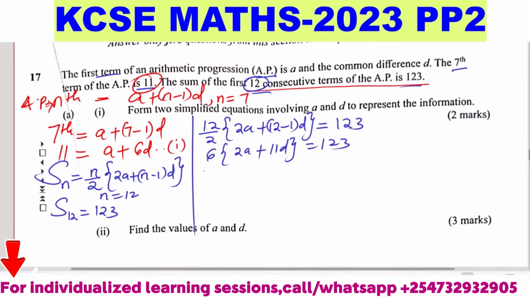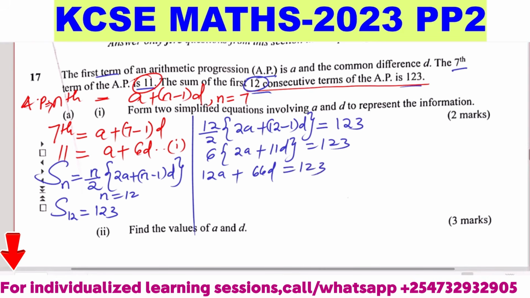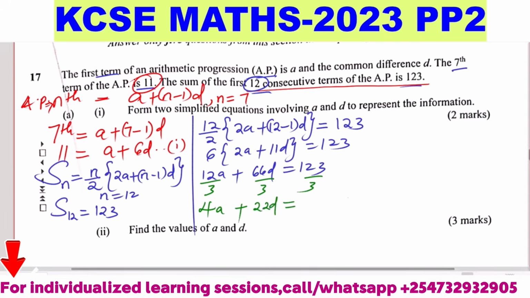So open the brackets, you get 12a plus 66D is equal to 123. You can simplify this by dividing everything by 3, and you get 4a plus 22D is equal to 41. So here you have equation 2.